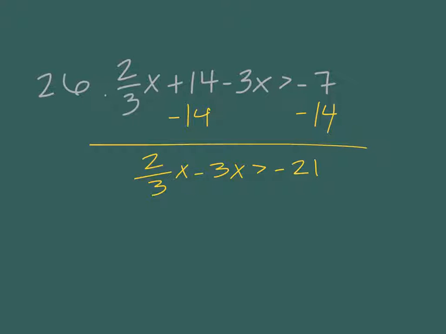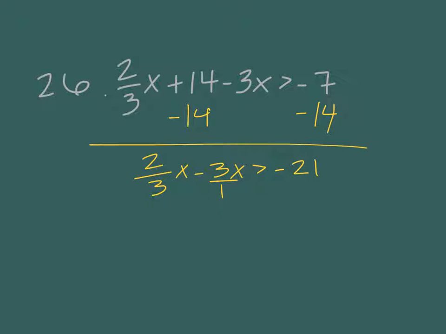From here, I want to continue to combine like terms. However, I notice right away that I have a 2/3 x and a negative 3x. So I want to combine these two x's together. The problem is that I can't combine a fraction with a whole number. So I rewrite 3 as 3 over 1, and then I get a common denominator.